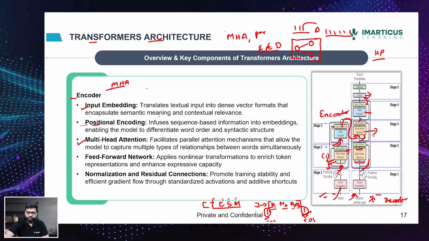When this linear transformation layer is predicting a value, it is predicting a probability for each and every word inside the corpus. And what is going to be the final output? Using this softmax layer here, it is going to extract the probability of the highest word, and that word becomes the next word inside the sequence.